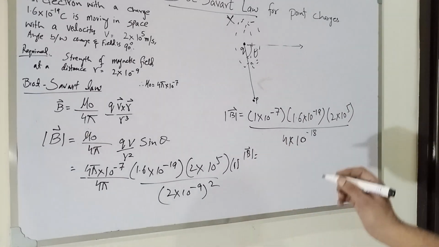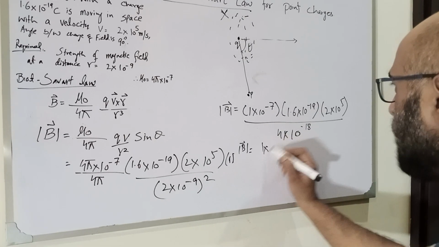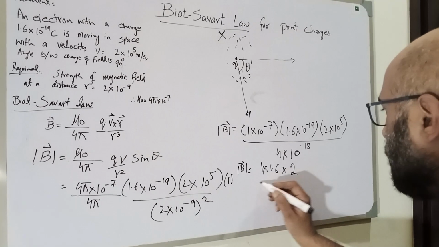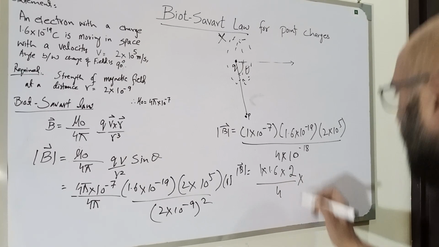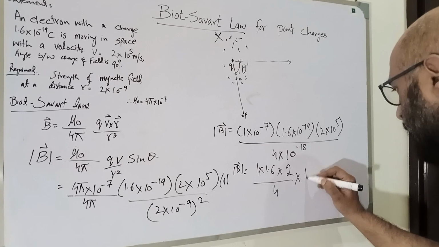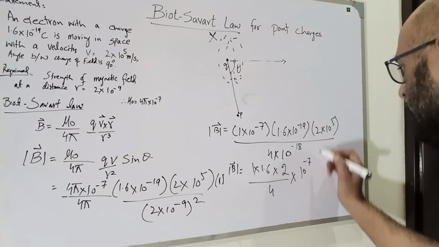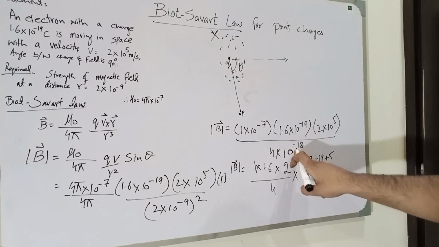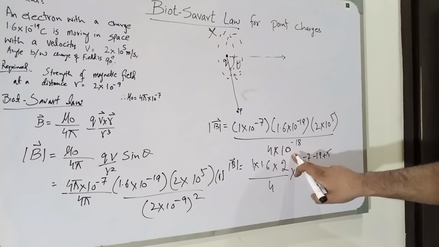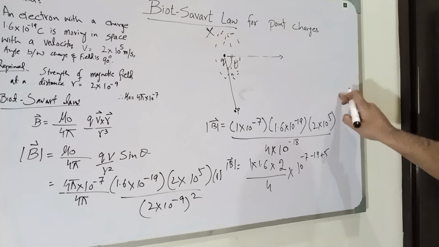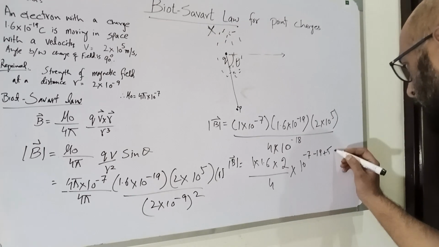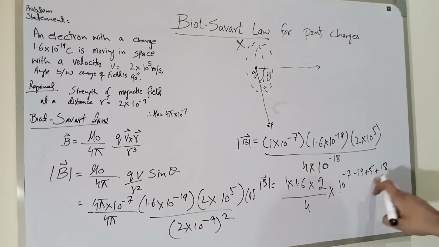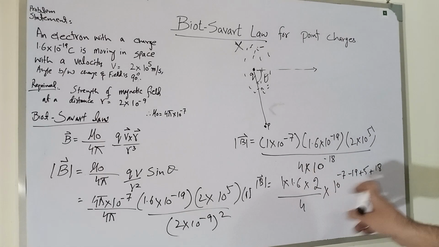What we get is 1 multiplied by 1.6 multiplied by 2 divided by 4 multiplied by 10 raised to the power minus 7 minus 19 plus 5. This is minus, so moving it from denominator to here, it will become plus 18. So that's all it is.